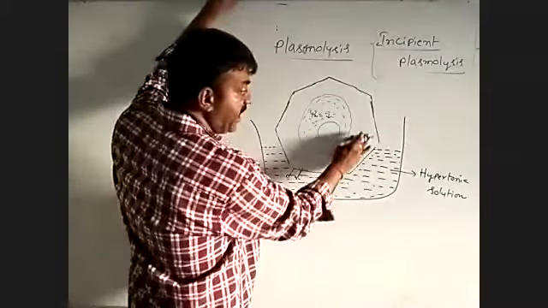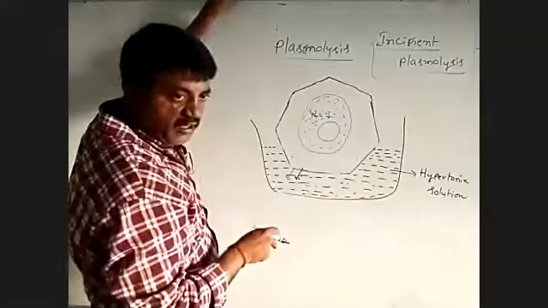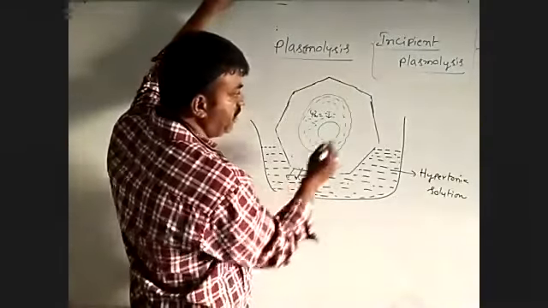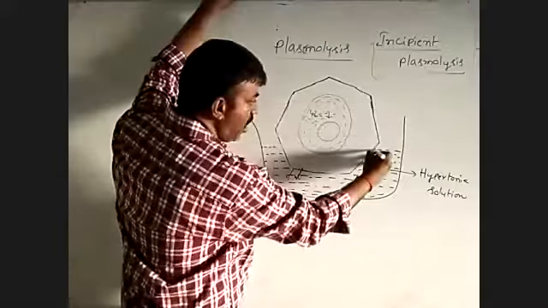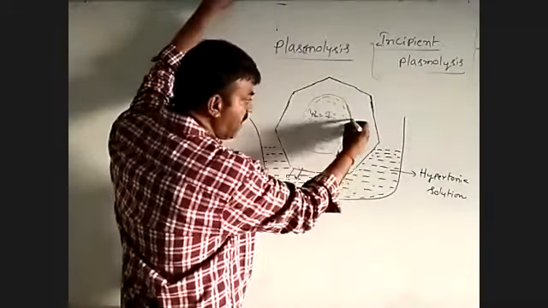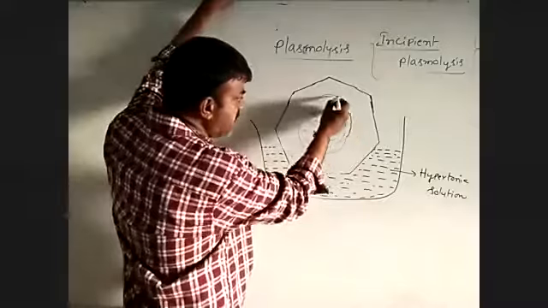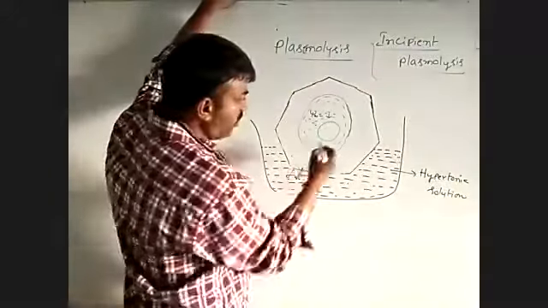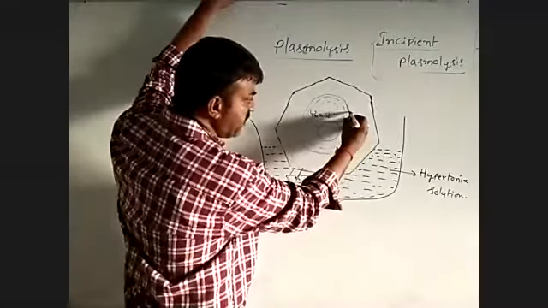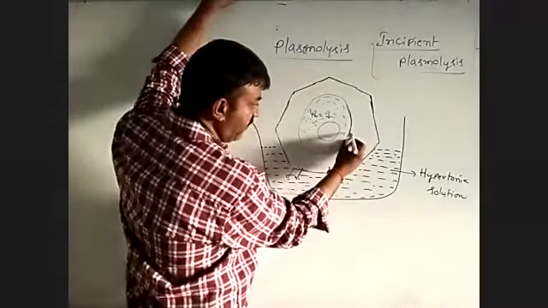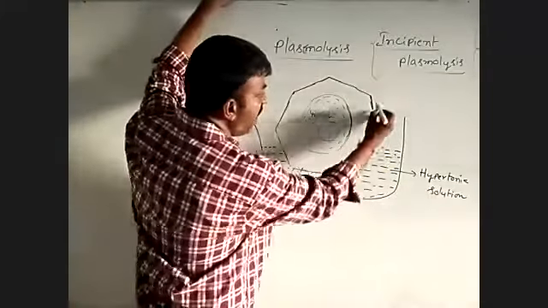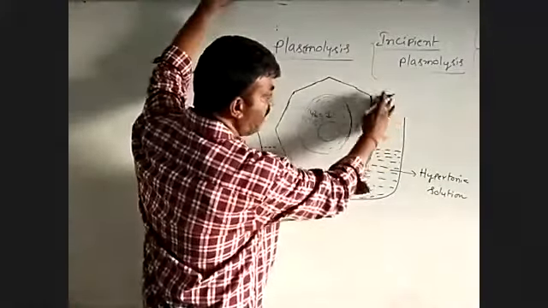Okay, so name the substance, important. Name the substance which is present in the space between the cell wall and the plasma membrane of the plasmolyzed protoplast. So the correct answer is hypertonic solution, not water.